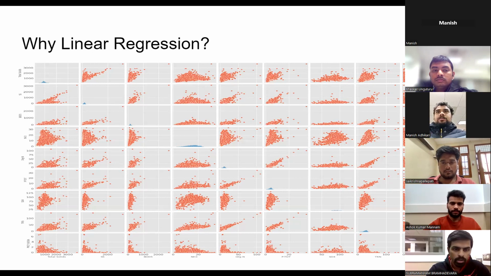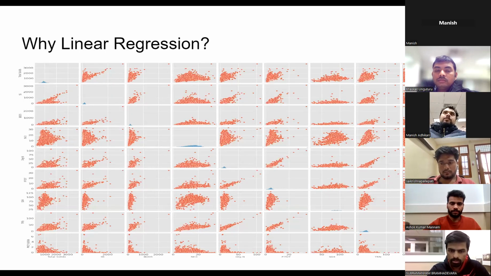So I have explained what linear regression is, and here I have plotted this by using SNS.pairplot for the entire data set, which is used to plot the data points between each and every feature. Here, if you see, can you move a little upward?